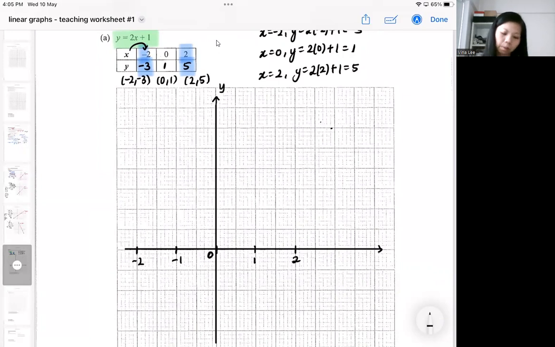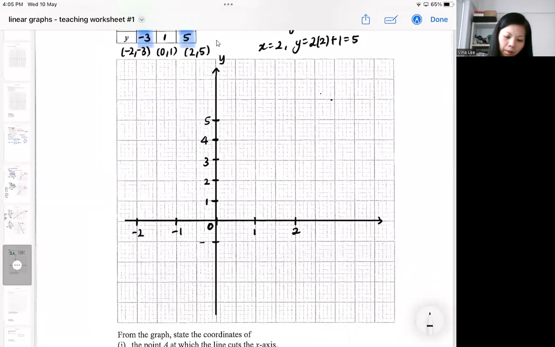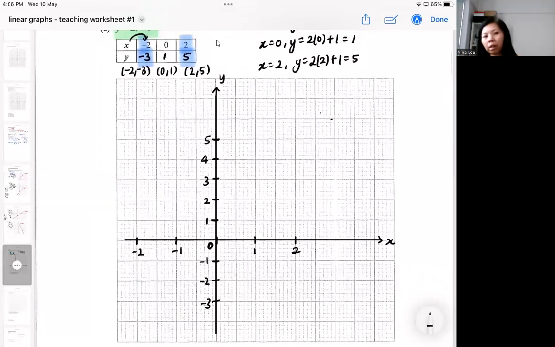This part is 0 already. Just now we realized we cannot use 10 squares for 1 unit, so I'm going to change to 5 squares. 1, 2, 3, 4, 5. And I need a -1, -2, and a -3. So you make sure your x-axis and your y-axis are sufficient. You don't want to be plotting already and then find that your graph paper is not enough.